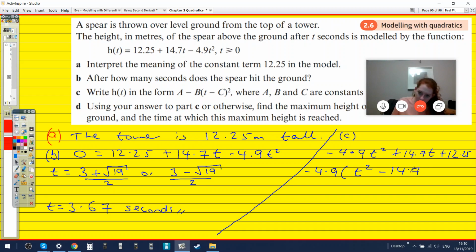And so that becomes minus 14.7 over 4.9. Yeah. And then just go from there, do it the normal way. Wait, what happens to the t on the end of the 14.7? My mistake, sorry, I just forgot it.